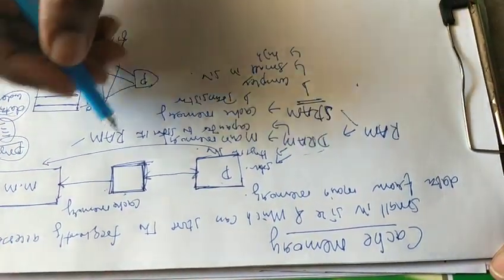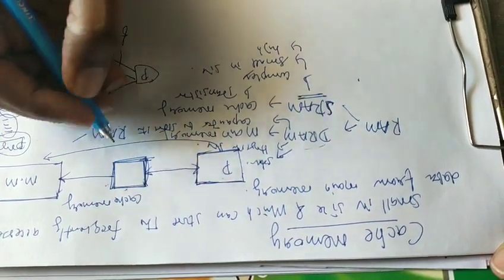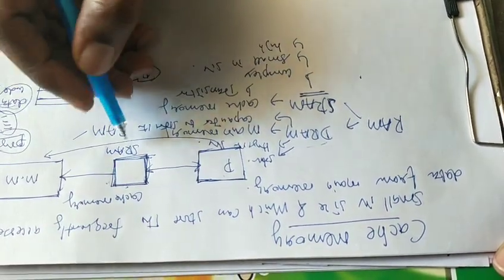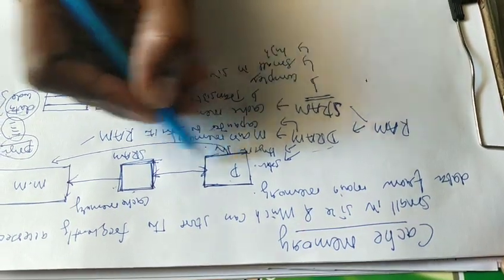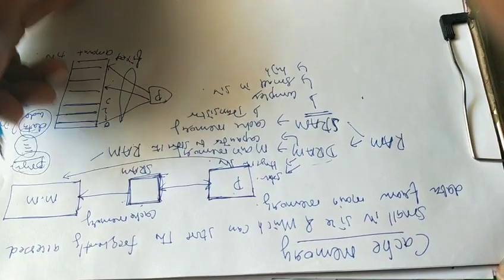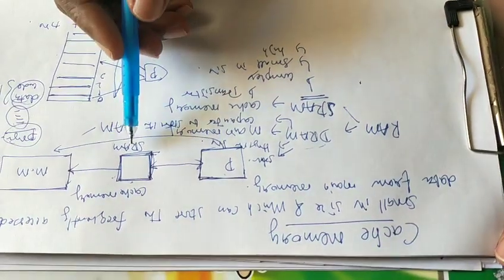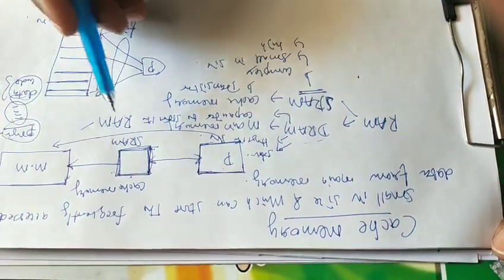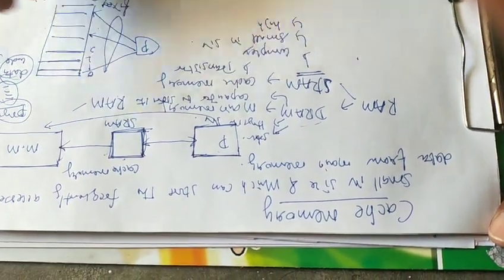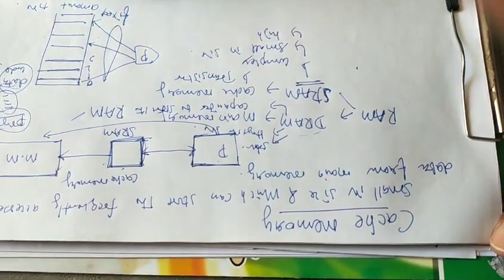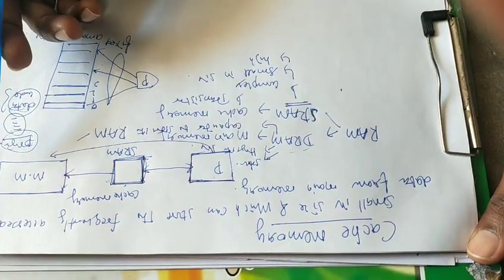For that reason, the designers of computer systems planned cache memory as static RAM, which is very fast and very close to the processor compared with main memory. So this is the reason behind what cache memory is and why we place it between the processor and main memory. Both come under the RAM category, where all locations are accessed in the same amount of time. But what is the exact difference between static RAM and dynamic RAM?